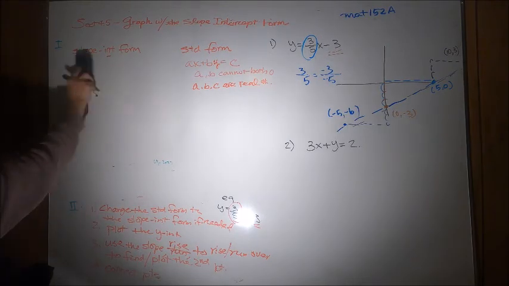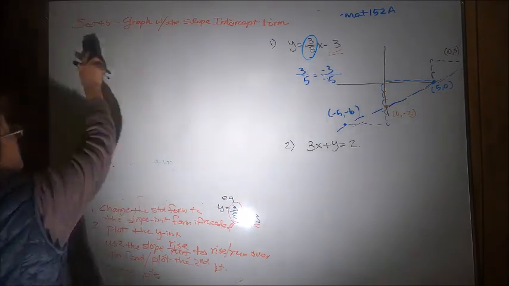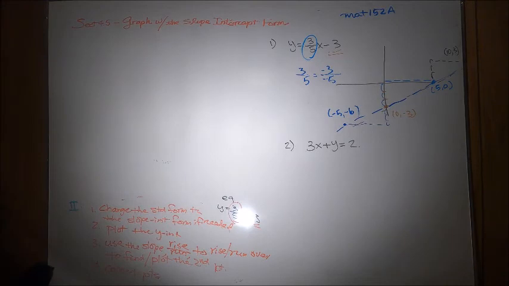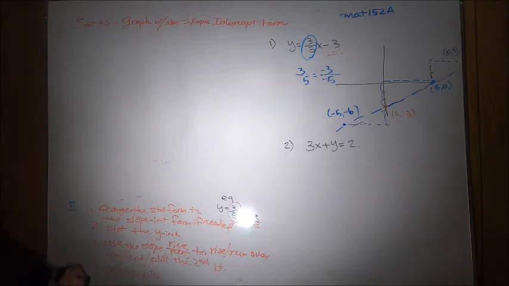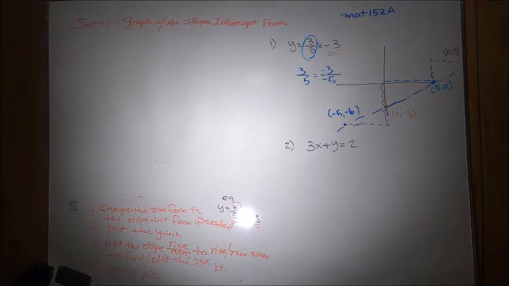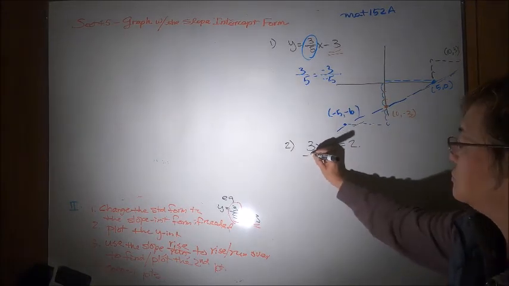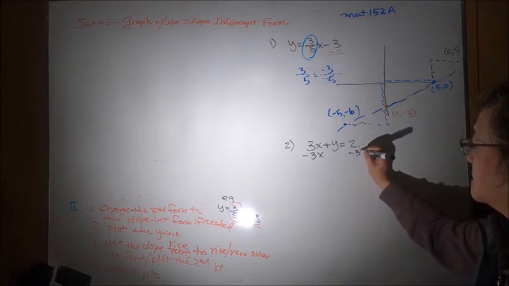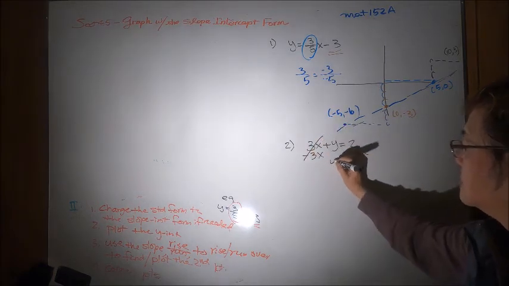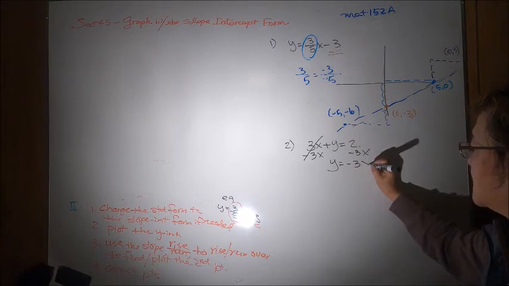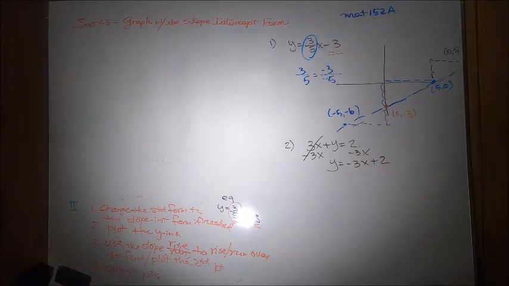You have to change it to what? A slope-intercept form, right? So how do we do that? Get y by itself. So you do this, right? So you have y equals -3x plus 2, right?